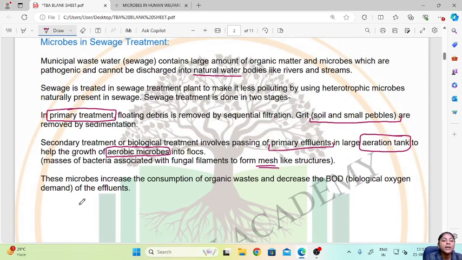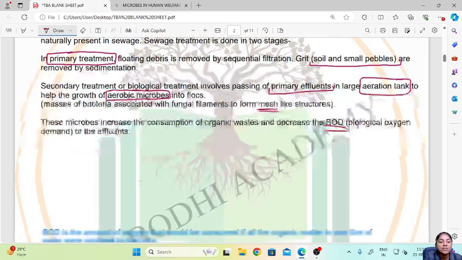Then these microbes increase the consumption of organic waste and decrease the BOD of water, that is the biological oxygen demand of the effluent. So the growth of these microbes is done so that they can consume all the organic waste and decrease the BOD, that is the biological oxygen demand of the effluent or the sewage water.